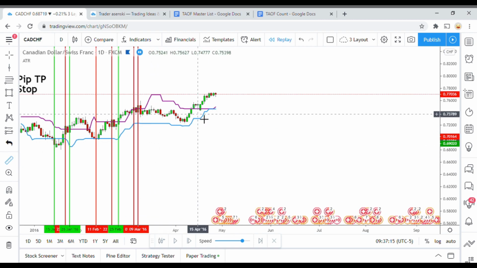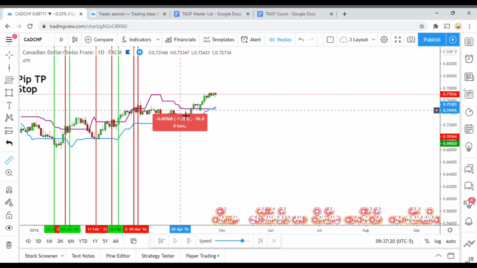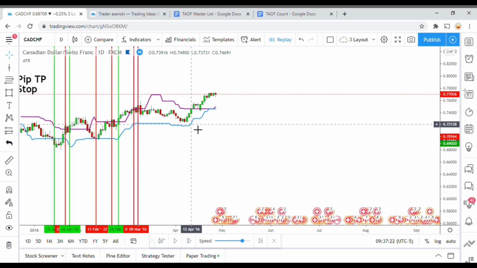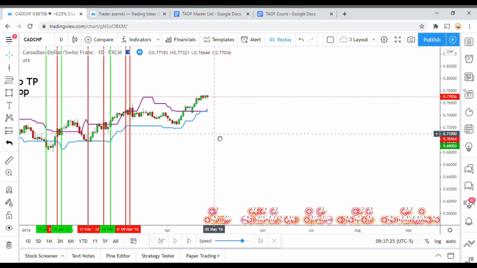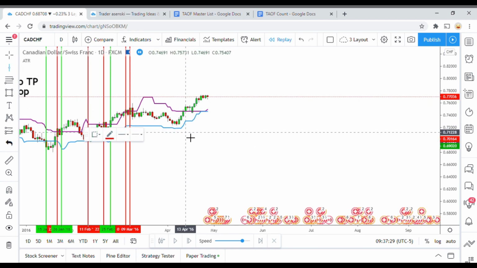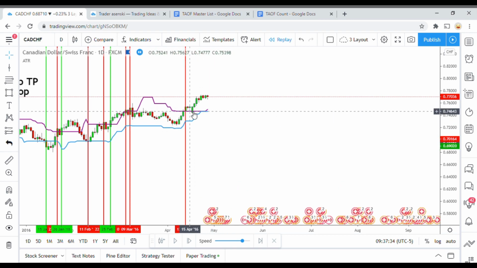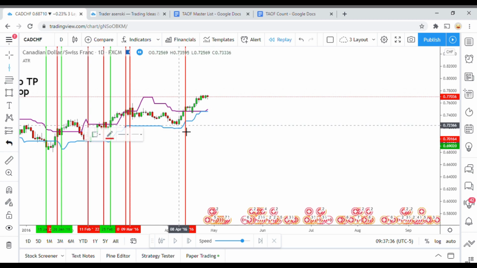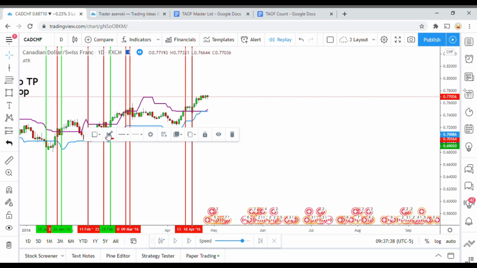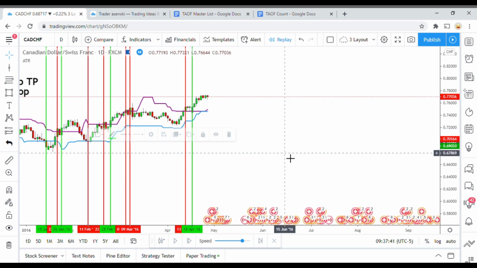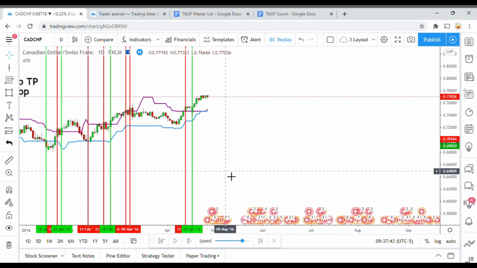So that's interesting because it gapped down right here, and that would have gapped down below the stop that we had in place, and so that unfortunately would have stopped us out as it came back up to then go in our direction once again.